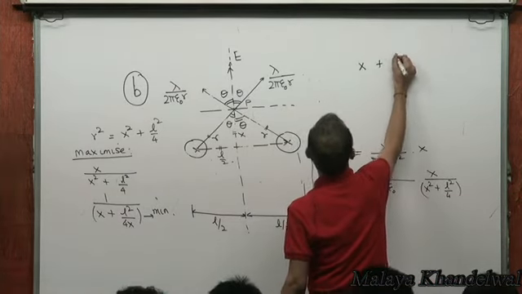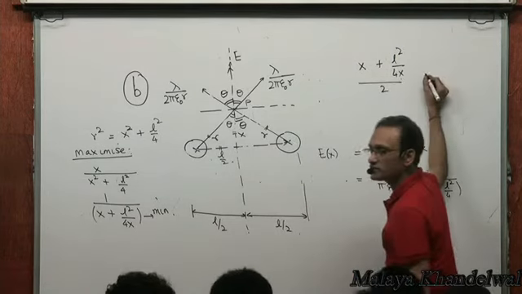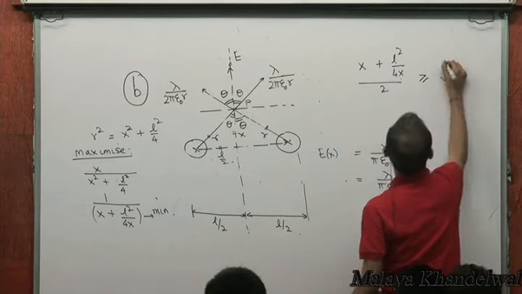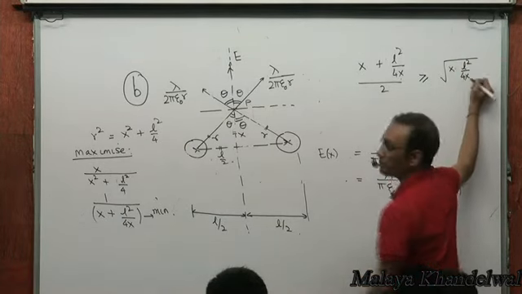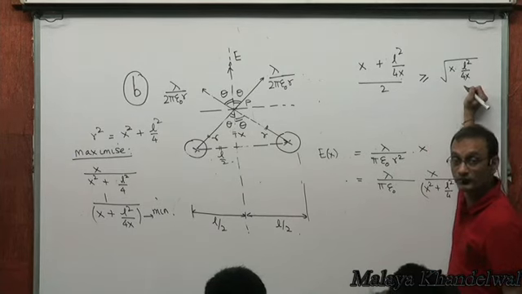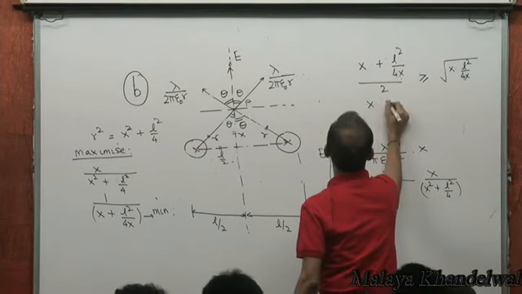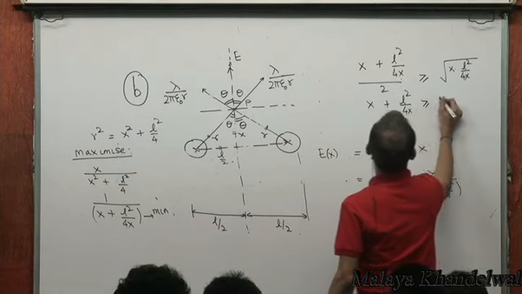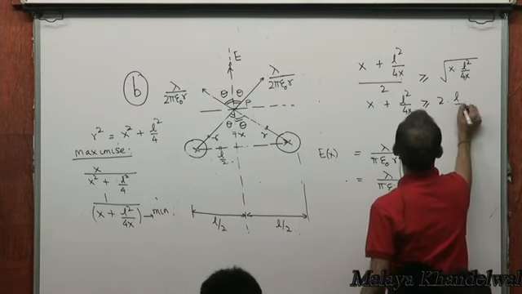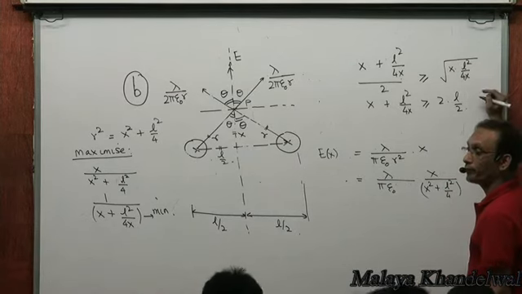Now x plus L squared by 4x. The arithmetic mean of these is greater than or equal to the geometric mean. AM greater than or equal to GM. That means x plus L squared by 4x must be greater than or equal to 2 times L by 2.